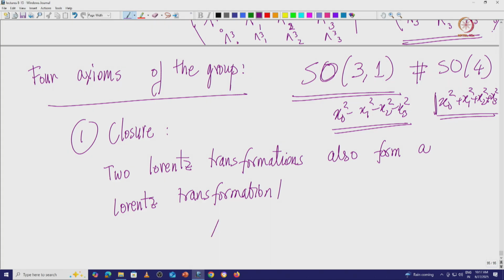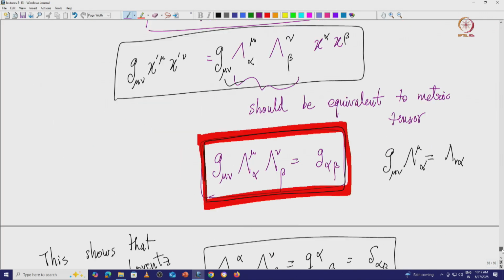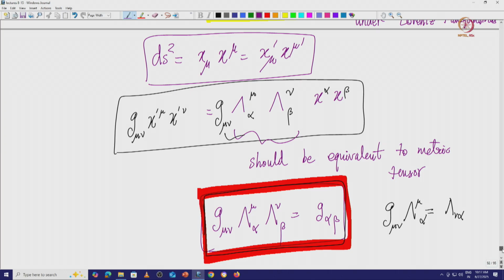So if you have lambda 1 and lambda 2 belonging to this group, these are 4 by 4 matrices and they should satisfy this red line condition. We can write it as a Lorentz transformation transpose, times the metric tensor G, times lambda, should be equivalent to G.